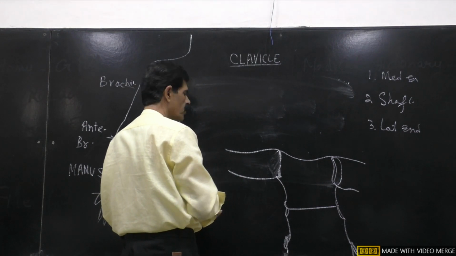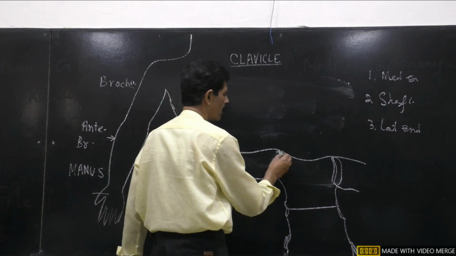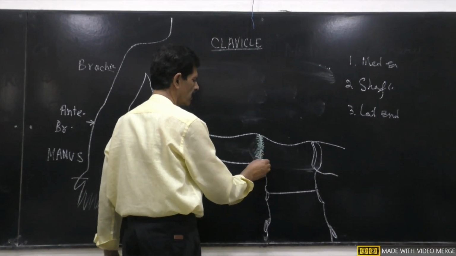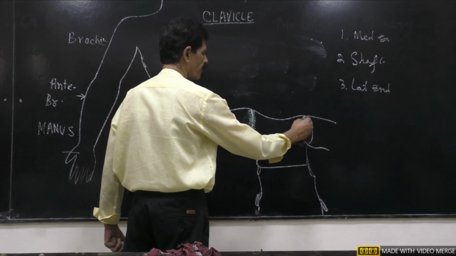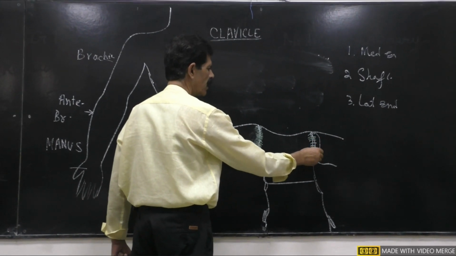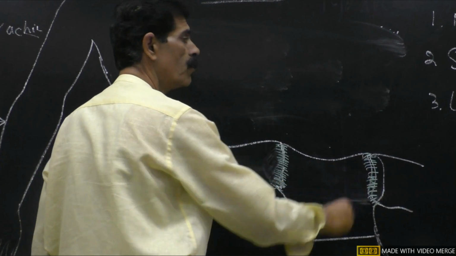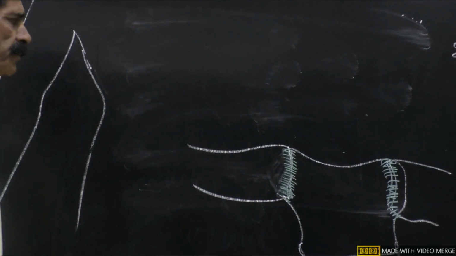So this joint so formed is called the manubrio-clavicular joint or sternoclavicular joint. It is a slightly movable synovial joint.